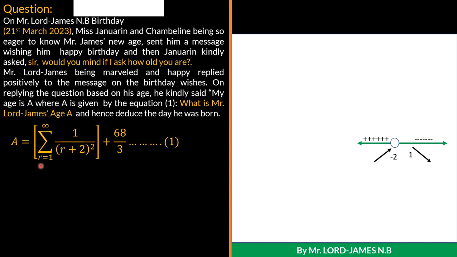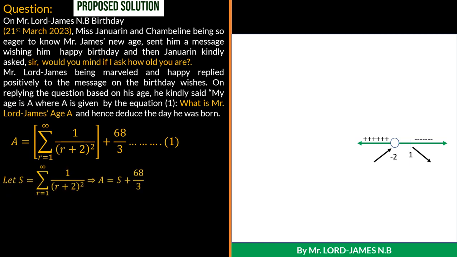So in general, for this sum, we are going to pass through the integral test method in order for us to deduce the value of this sum which goes right up to infinity. So we are going to consider 68 divided by 3 as a constant. We'll mostly work on this and evaluate this result, then add it to 68 divided by 3 and see the final result.